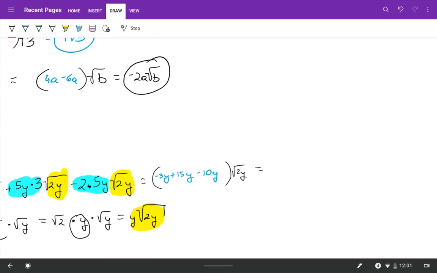So we have 12y minus 10y, that will be 2y square root of 2y. And that will be the final solution, 2y square root of 2y. Okay, that's the final answer.